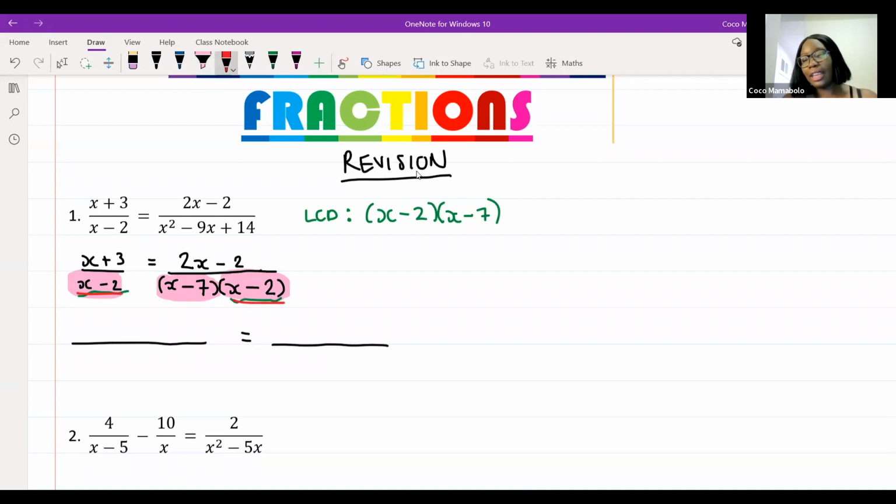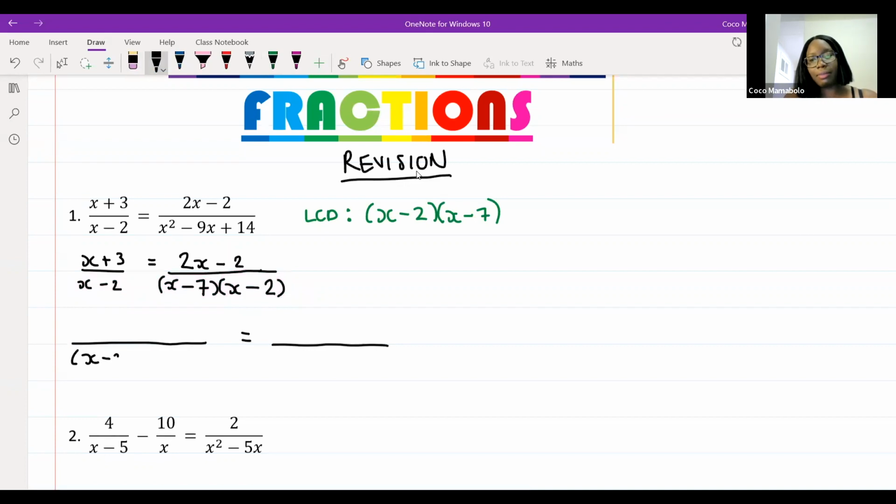I only have to write it once, but I must make sure that they're all included. So Ndebo, if there was an x here, I would also have to include another x over here as part of my denominator. Do you understand what I mean? I understand. Yes, just one of them. Okay, you don't have to include both. Okay, thank you.